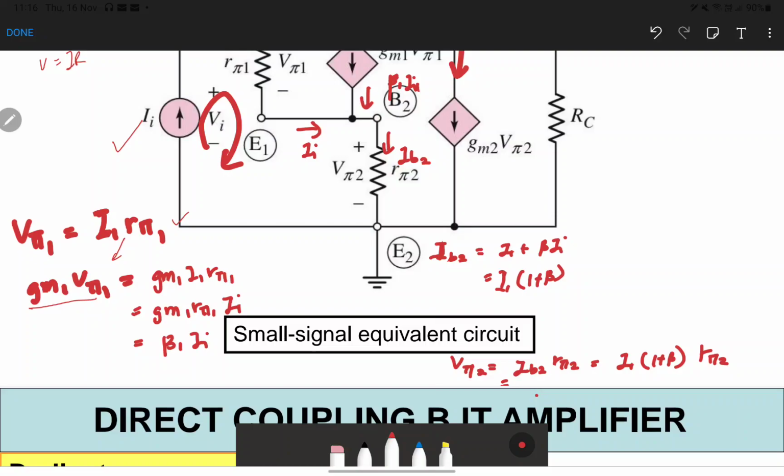Since the formula of beta is equal to gm R pi, we can conclude that gm1 R pi 1 equals beta 1, times I1, is equal to our gm1 V pi 1.